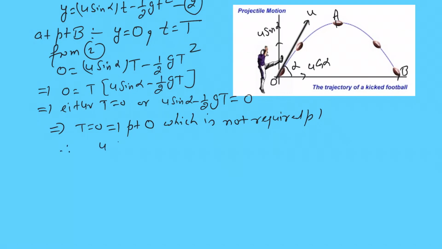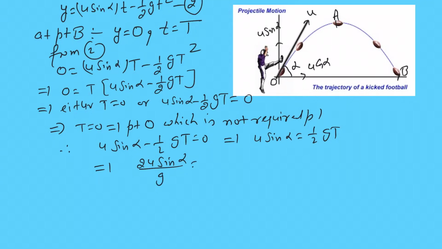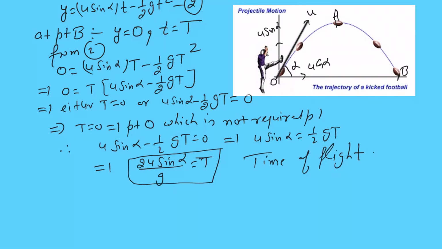Therefore u sin alpha minus 1 by 2 g T is equal to 0 implies u sin alpha is equal to 1 by 2 g T. This implies that 2 u sin alpha by g is equal to T. So this is the formula for time of flight.